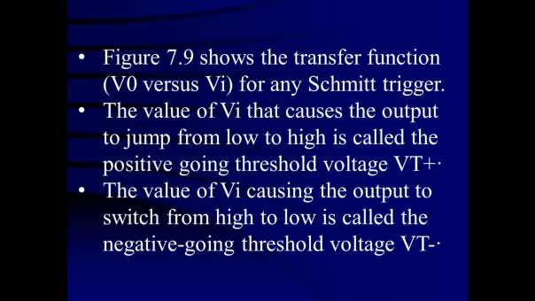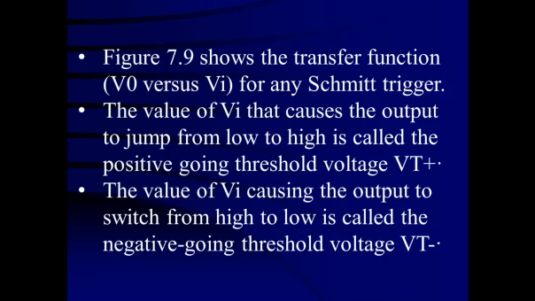What does it mean? What is the transfer function? Transfer characteristic means the relation between input and output voltage. If you change the input voltage, it will cause a change in the output voltage; the relation between input and output is called the transfer characteristic.